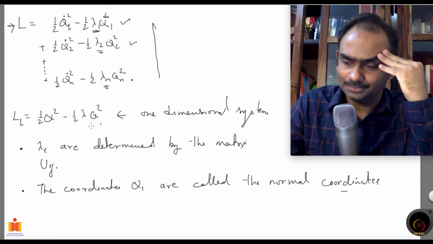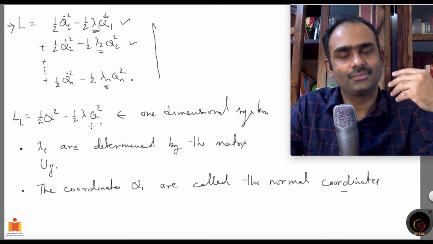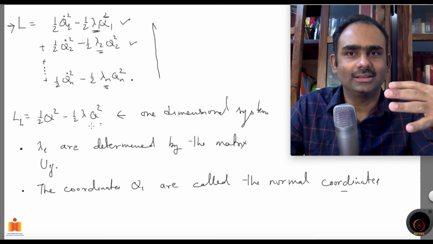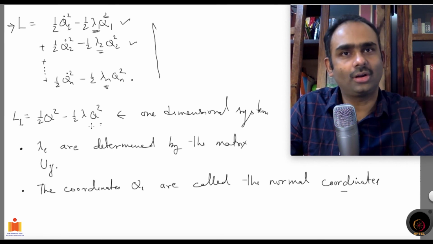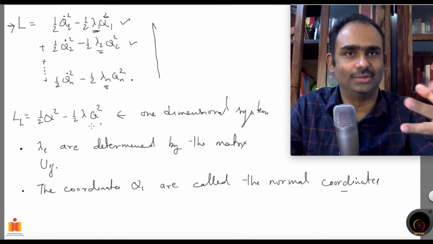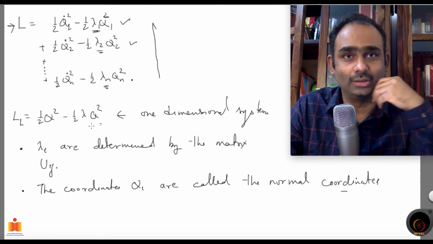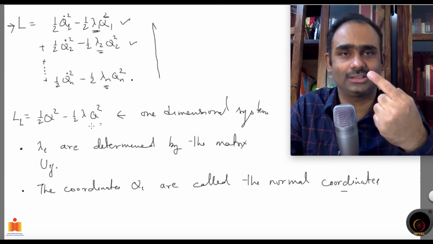Let's say I can choose to set my system in motion in such a way that not all the normal coordinates are moving. So not all of them start moving, only some of them, or let's say only one of them starts moving, right?